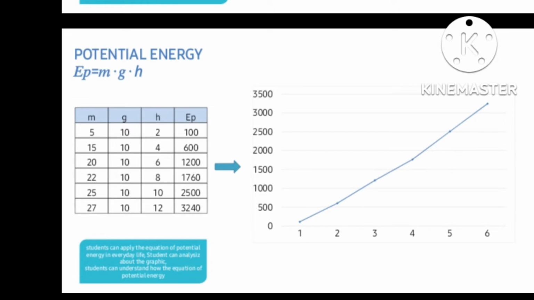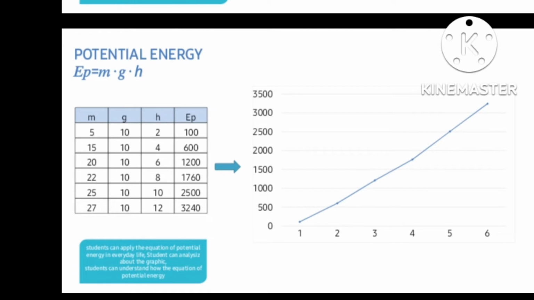For the third value, the mass is 20, the gravity is 10, and the height is 6. Then the value of potential energy is 102,000. For the fourth value, the mass is 22, the gravity is 10, and the height is 8.